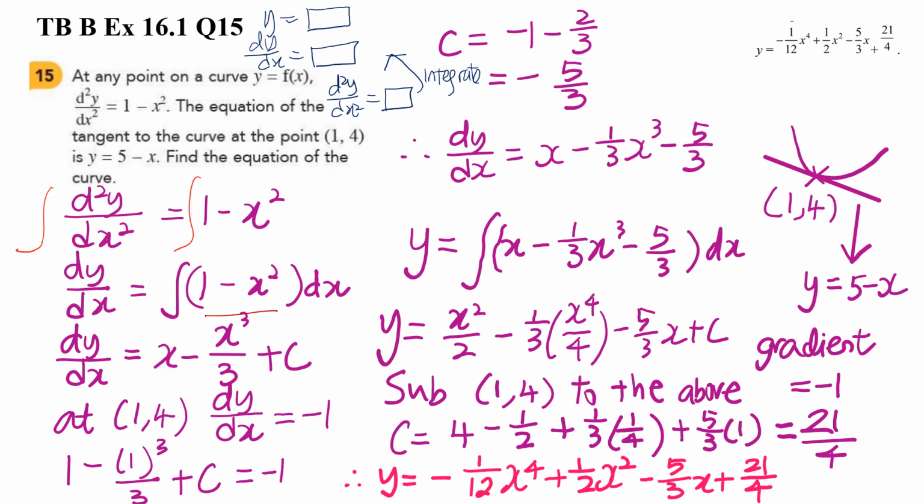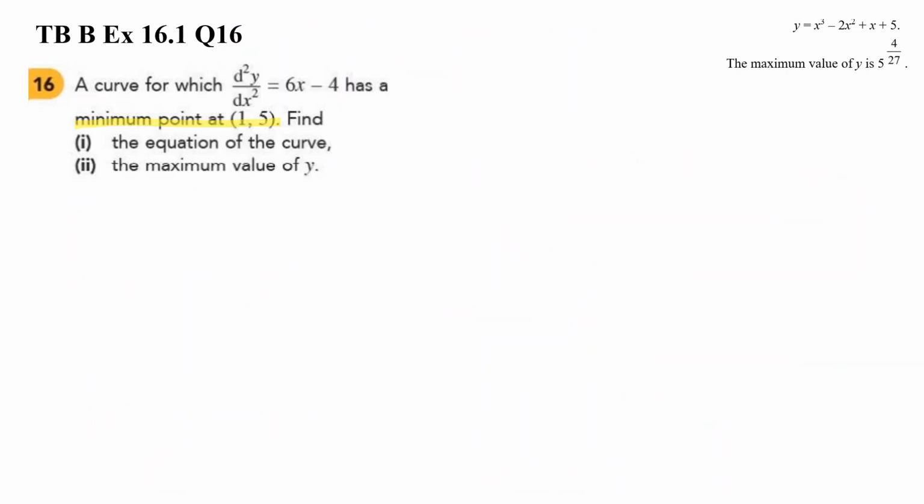You integrate your d2y over dx squared, you get your dy over dx. You integrate your dy over dx, you get your y, then plus c. Of course, it's also plus c.